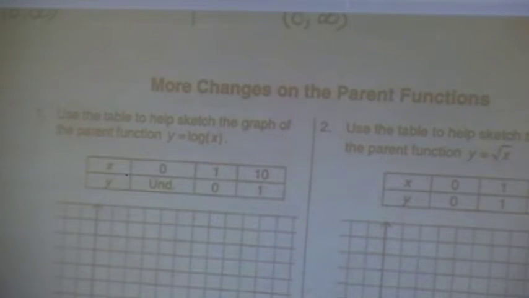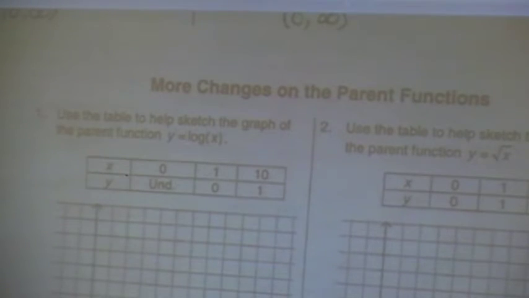Would you put plus 3 in this? No, plus 5. If you put it in the parentheses with the x, then that's the x. You don't want it with the x. So it has to be x plus 5.